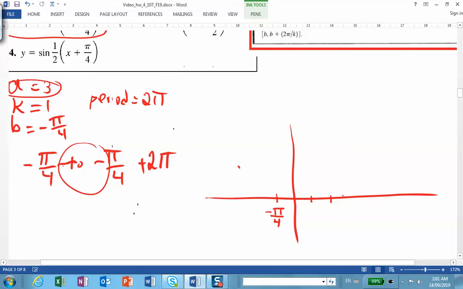So this is 3 pi over 4, right? And then 1, 2, 3, 4. So this is minus pi over 4 plus 2 pi, which is 7 pi over 4. From here to there must be 2 pi. And in my original drawing that I did a minute ago, that was not the case.